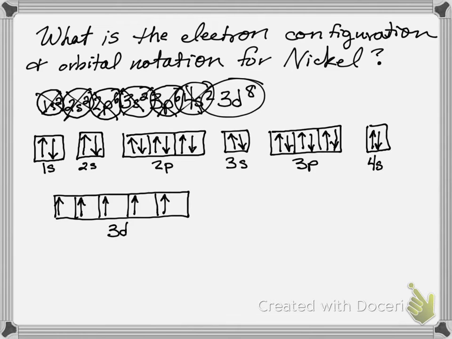Now, if you look back up here, it looks like we need to have 8 electrons, and right now I have 5. Alright, so 5. 6, 7, 8. Done. This is the electron configuration and orbital notation for nickel.